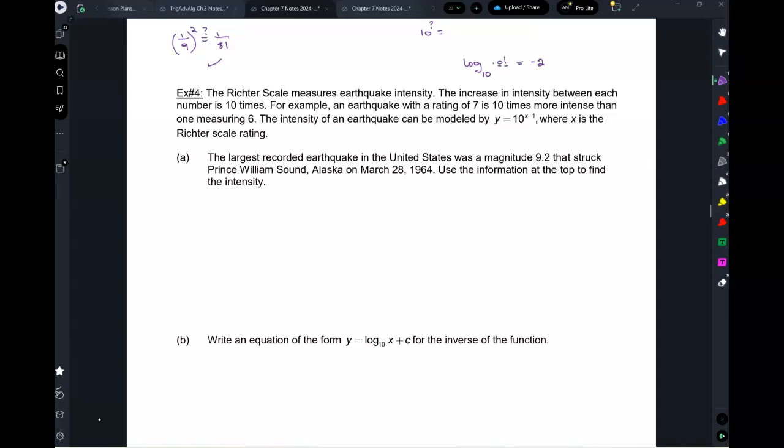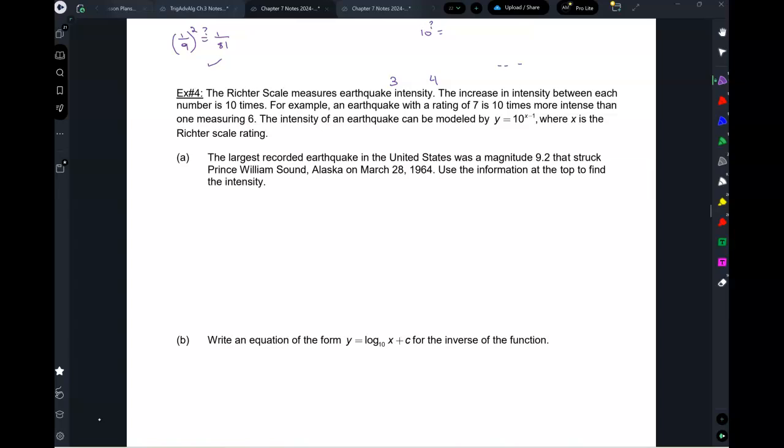So for instance, let me erase this. If there is an earthquake of magnitude 3 versus an earthquake of magnitude 4, to us, that's just one number, 3 to 4, big deal.